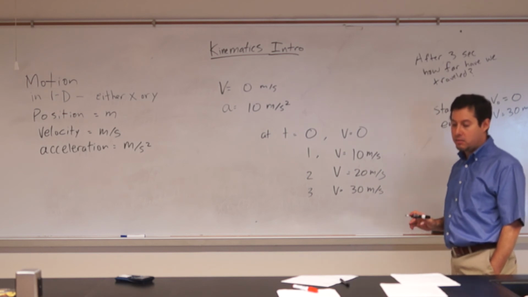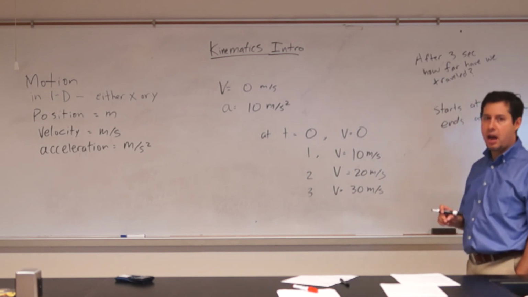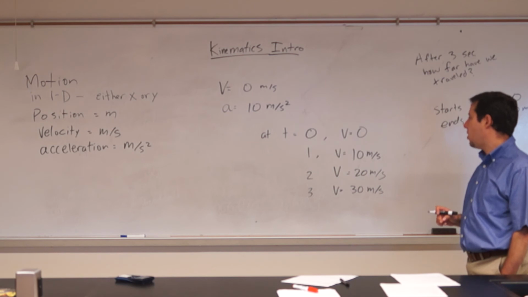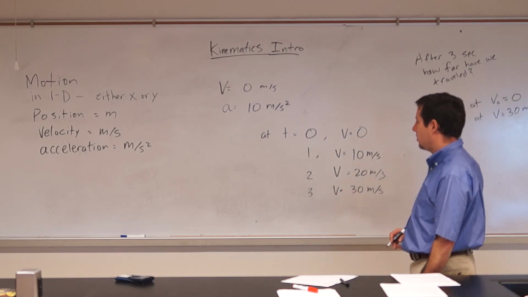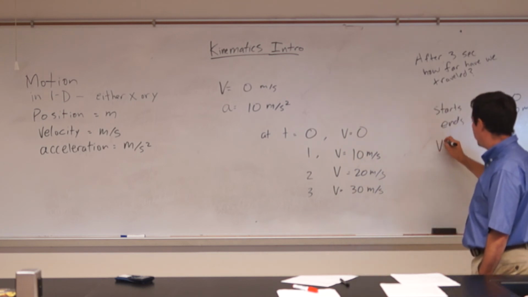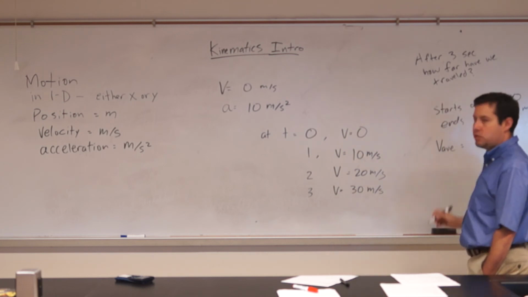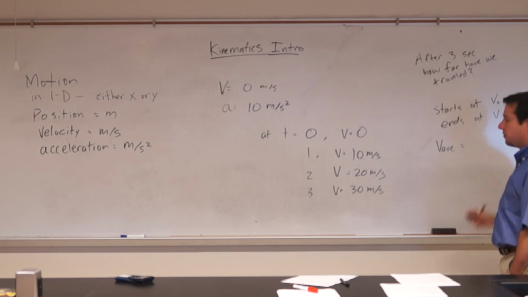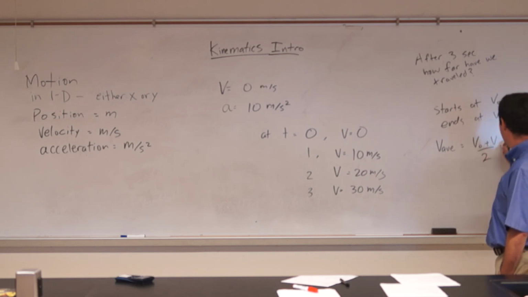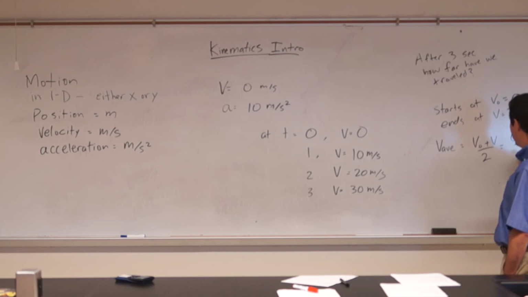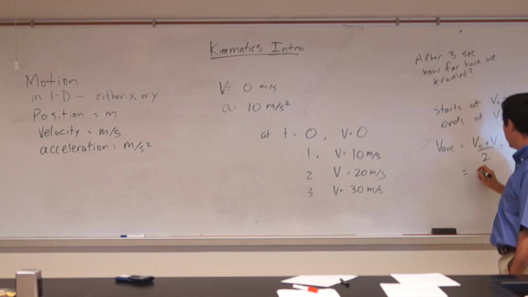So in this case, you can actually find the average velocity. And if you want, multiply the average velocity by 3 seconds. So let's say the average velocity is just the initial plus the final divided by 2. You're just averaging two numbers. So v naught plus v divided by 2, or 0 plus 30 divided by 2. So our average velocity is 15 meters per second.